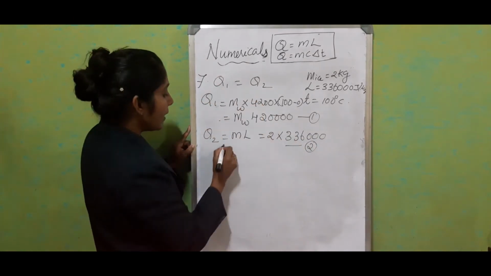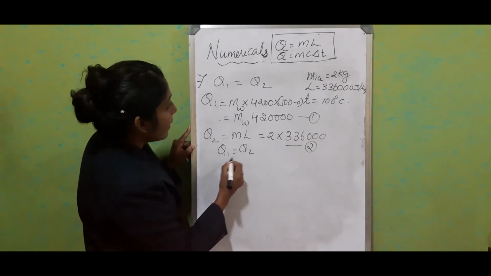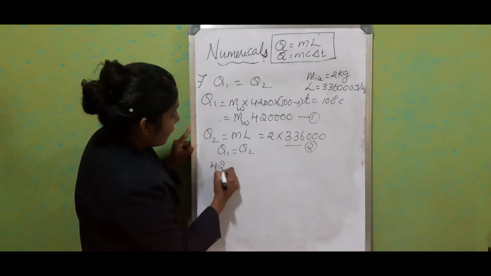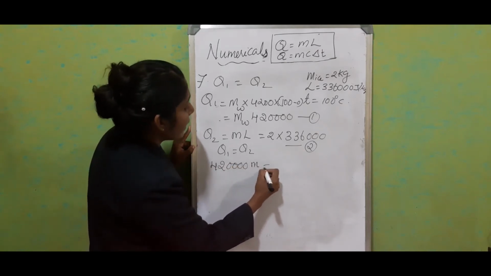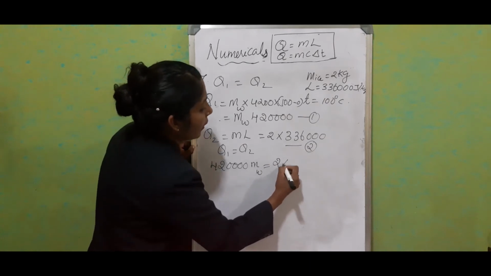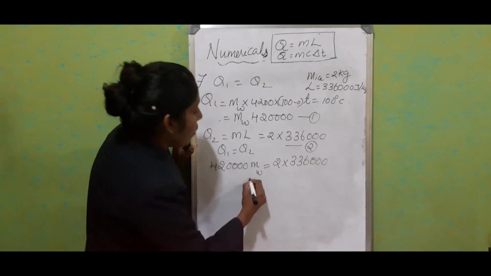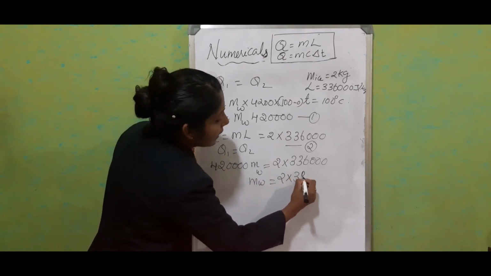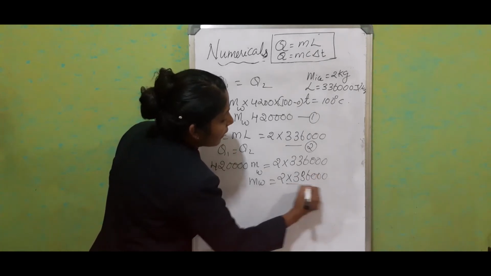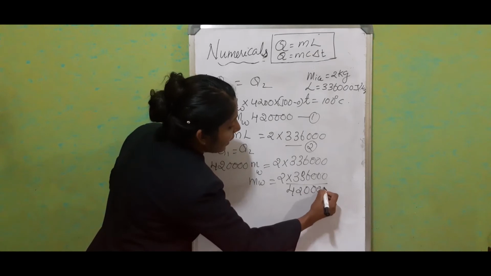We will equalize this. Q1 is equal to Q2. We will get 4,20,000 M is equal to 2 into 3,36,000. Or mass of water is equal to 2 into 3,36,000 divided by 4,20,000.